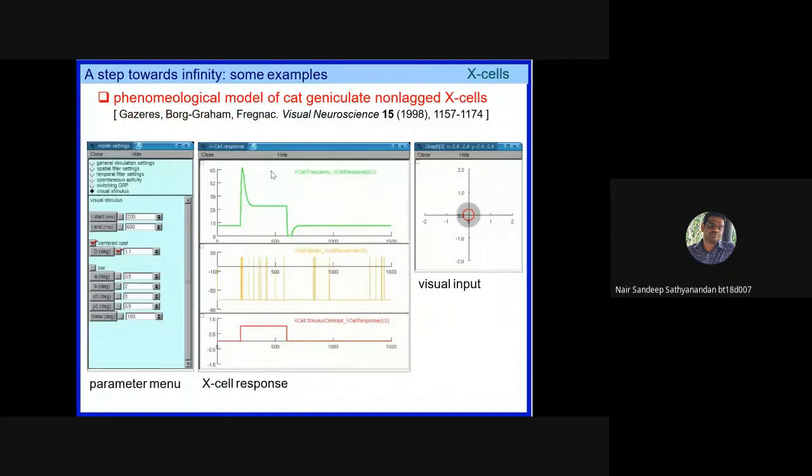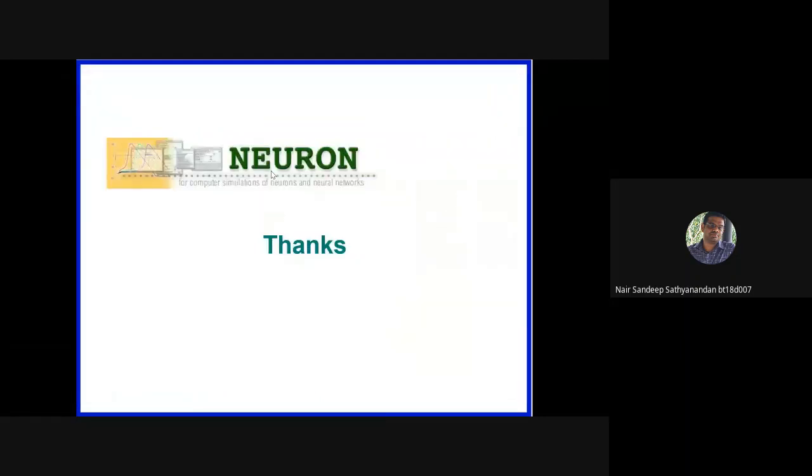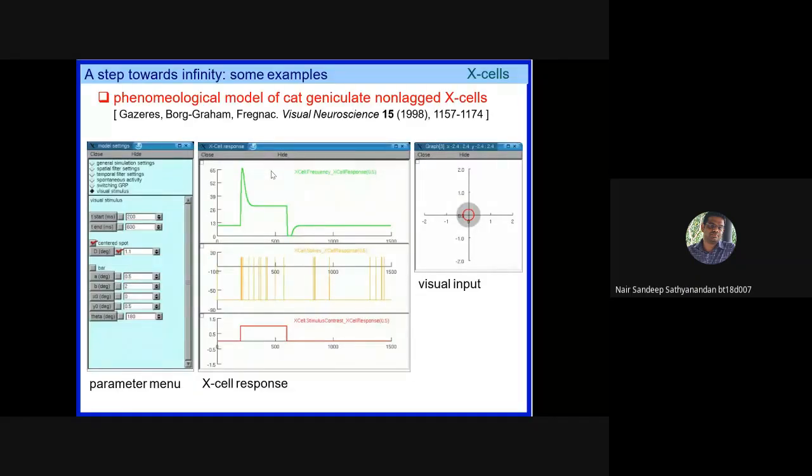We'll cover the basic modeling approach using the NEURON simulator. References I had already given you in the start. Anyway, I'm recording the video so you can have a look.